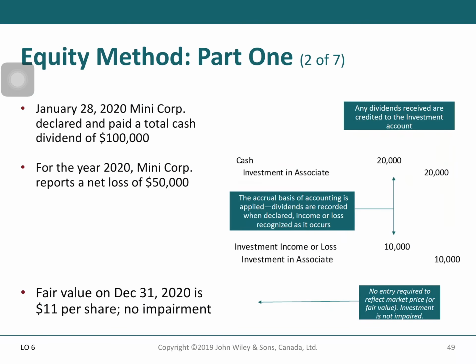So because you are also an investor, you will get cash, right? 20,000. Okay, 100,000 is the full dividend. Okay, so you will get 20% of this, so you will get 20,000 cash, and investment in associate 20,000. So if you get a dividend from your investee, your investment will be deducted, it will decrease.